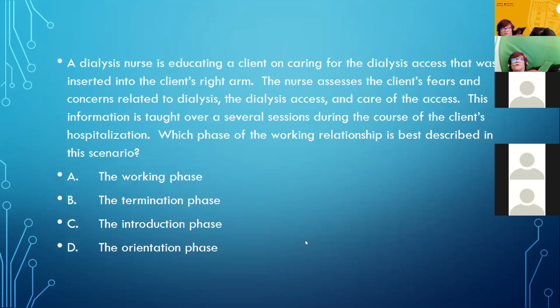Okay, dialysis nurse, caring for the client on the dialysis unit. For the access that's inserted into the client's right arm, the nurse assesses the client's fears and concerns related to dialysis, the dialysis access and care of the access. This information is taught over several sessions during the course of the client's hospitalization.